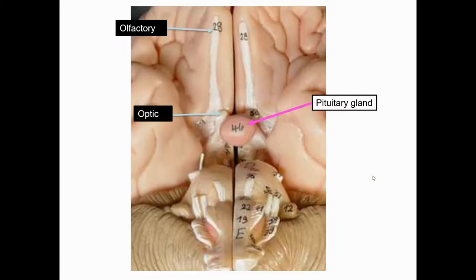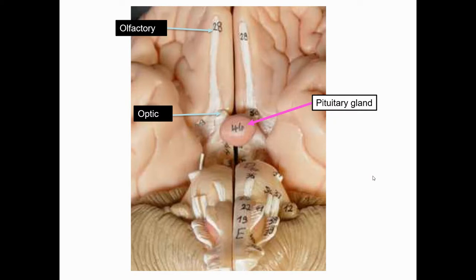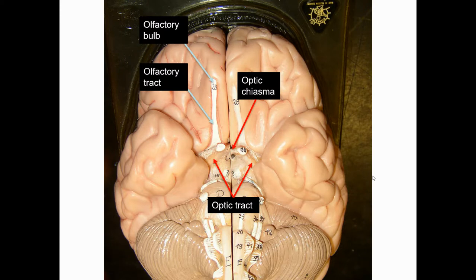If we look at the optic nerve, it is carrying your sense of sight from your eyes, and the optic nerves join together right behind this pituitary gland. Now, if we remove the pituitary gland, you can see where they're joined together. They form sort of a cross, and the word for cross is chiasma. And so we have an optic chiasma.